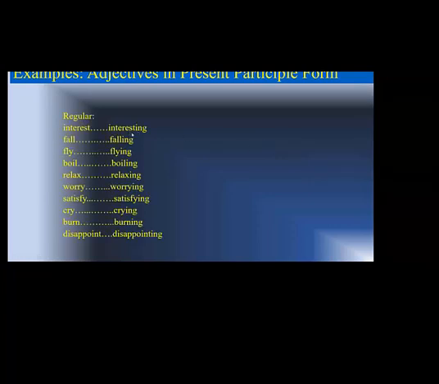Adjectives in present participle form. When we add ing to the verb, the present participle can become an adjective. It is called present participle, but it can become an adjective.